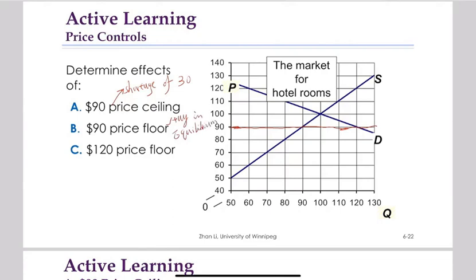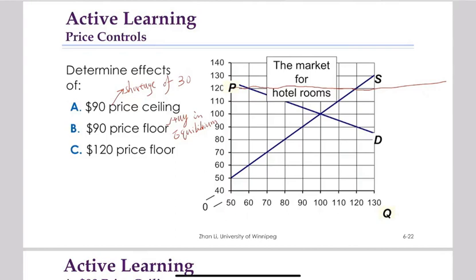Now, the $120 price floor. Let me first draw this price floor. It's 120. Here you can see that the equilibrium price is actually below this price floor, which means the $120 price floor will become binding.